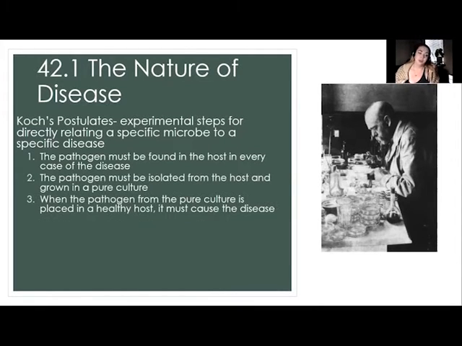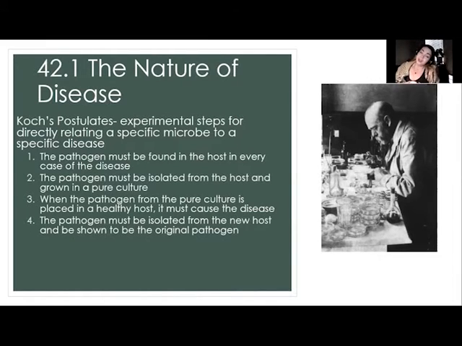Once it's been grown in the lab, it will be injected into healthy host animals, and you must observe the same disease that you saw in the original organisms. Then, just to cover all of our bases, you must collect the pathogen from the newly infected organism and demonstrate that it is the same pathogen that you saw in the first organism.